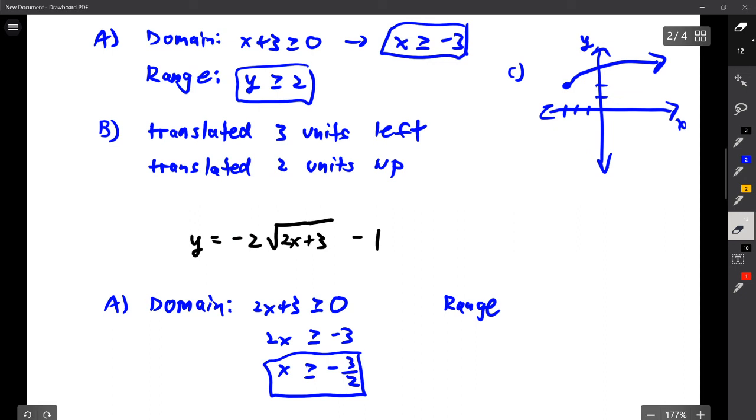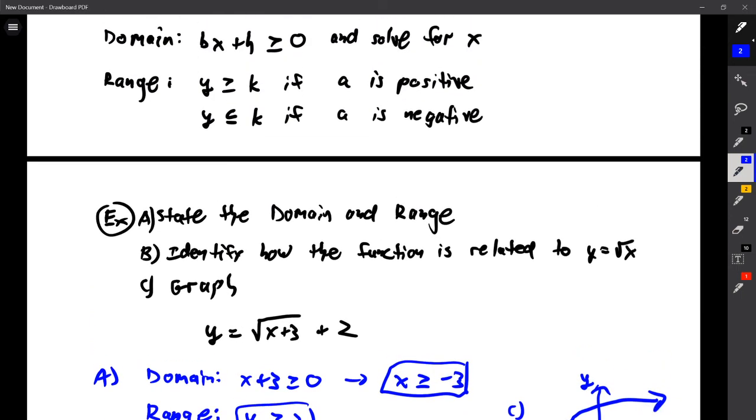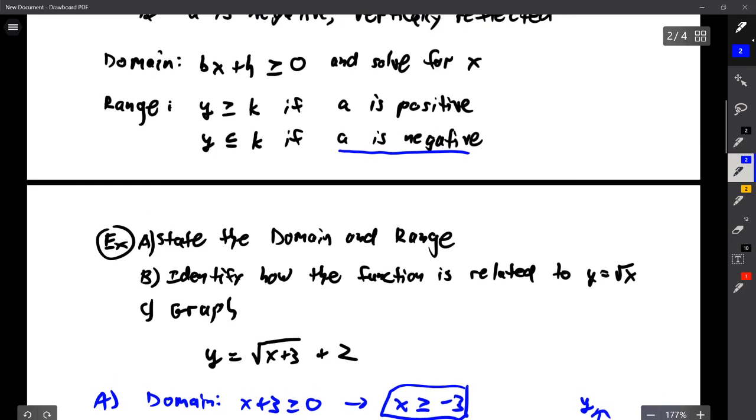And my k value is negative 1. So then my range is going to be y is less than or equal. I picked less than or equal because the number out in front of the square root is negative.